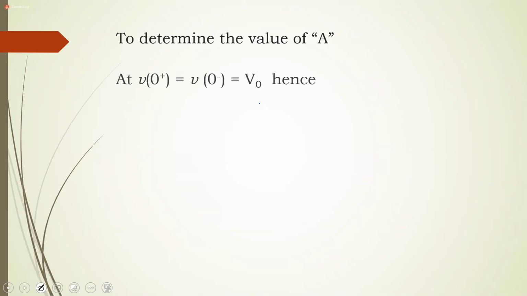Just after closing the switch, it remains V0. I said earlier that I hadn't given you this expression for the capacitor, but it is true. And for the inductor, i0 plus equals i0 minus, which would be whatever the initial current would have been.